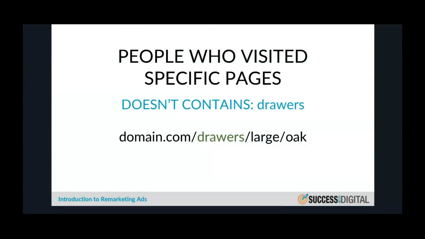And then there's people who have visited pages, and you can choose doesn't contain, and you can use a keyword there. So if I sold furniture and I had a section called drawers, I could say that I don't want it to include anything that has the word drawers.